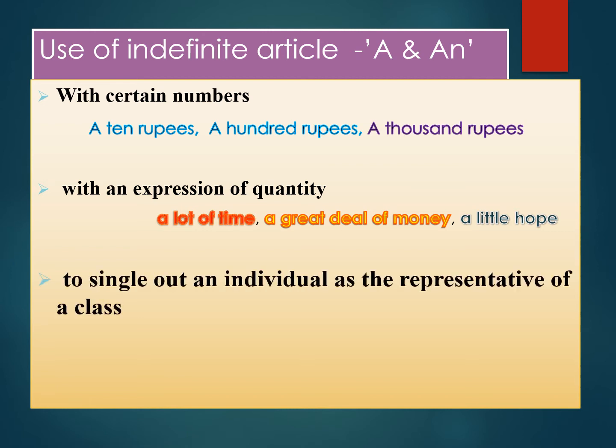Let us see the next point: to single out an individual as the representative of a class. So indefinite article is used to single out an individual as the representative of a class. Example, a cow is a useful animal.